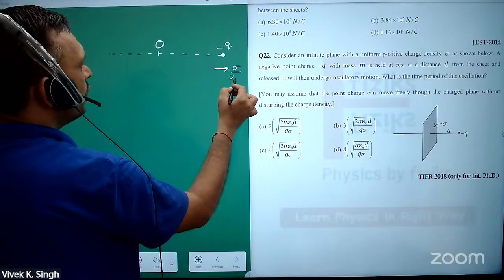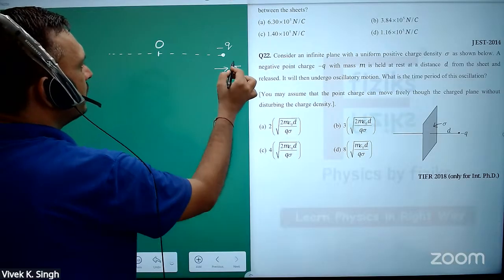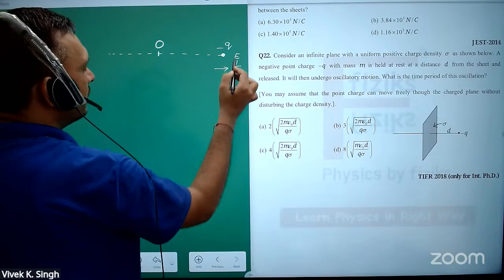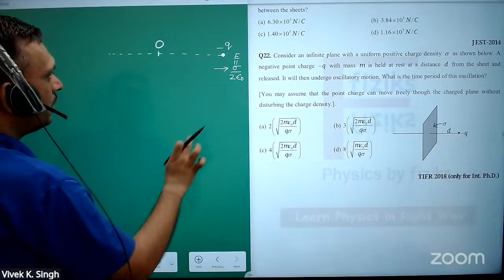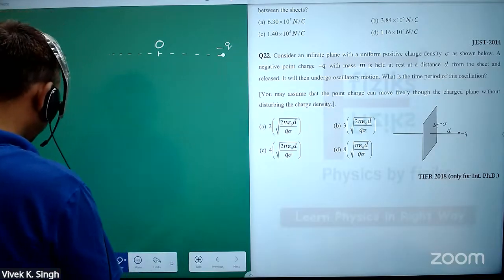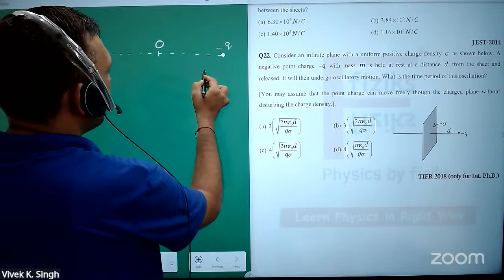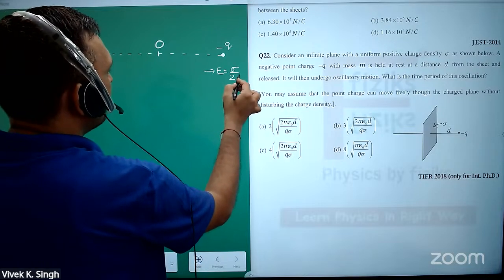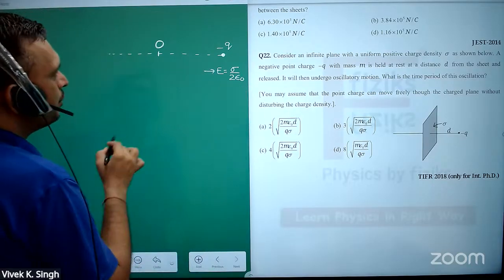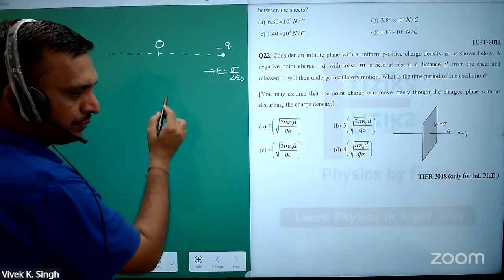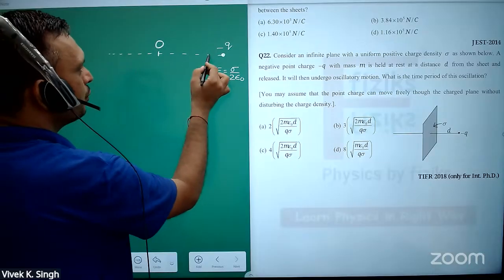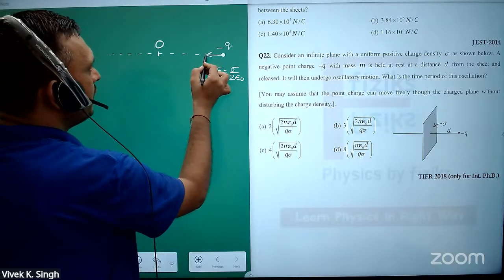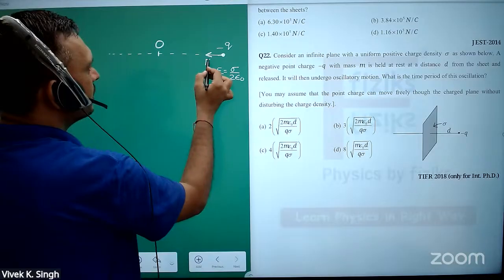Sigma by 2 epsilon naught is the electric field in this direction. So this charge is negative and the sheet is positive, so it will be attracted towards the sheet and experience force in this direction. Yes or no?